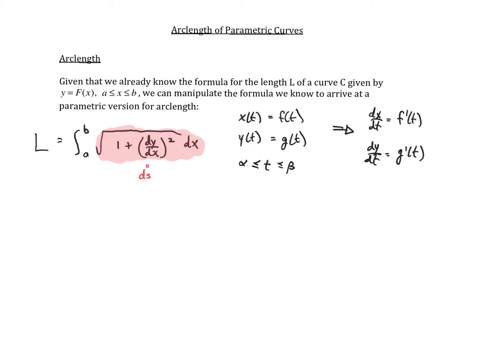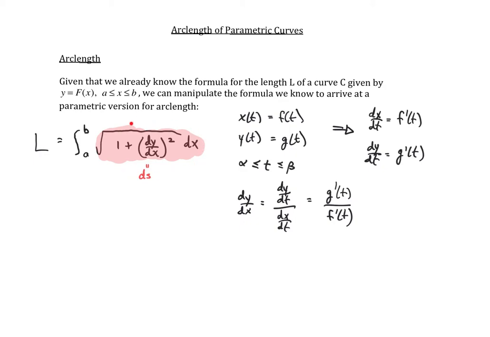Now, when we look at our integrand, we see we have a dy dx. So we've calculated what this was in the past. Our dy dx is going to be equal to dy dt divided by dx dt, or you could write that as g prime of t divided by f prime of t.